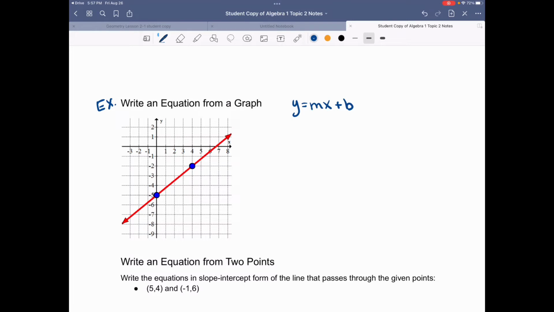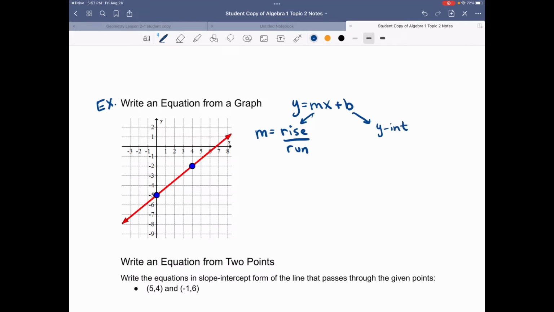And our m is a rise over run. So m equals rise over run. And our b is our y-intercept. So the m comes from here. The b is our y-intercept.